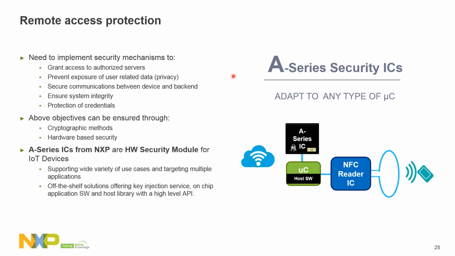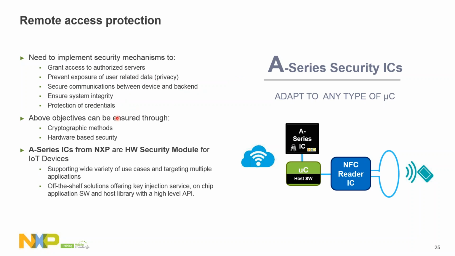Overall, our device needs to implement the adequate security measures to ensure the access is only granted to authorized servers, that avoids the exposure of private data, that has the mechanisms to provide a secure channel for communication between the backend and the device. And here again, the information security goal appears, ensures the overall integrity of the system, and protects the credentials if it is applicable.